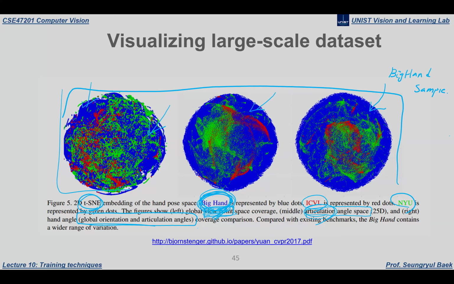And you can see, anyways, the blue samples are covering ICVL or NYU data samples. So NYU is denoted as green samples, and ICVL is denoted as red samples. Okay, these are 1,000 scale data and Beacon million scale data.